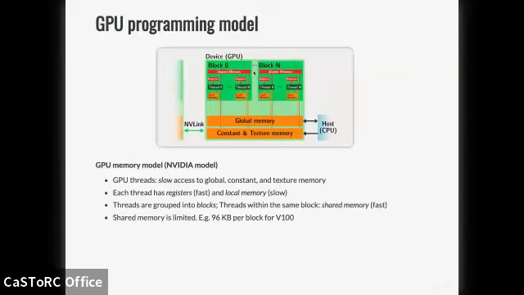Another level of organization is that threads are organized into so-called blocks. What you should remember about what a block is, it's just a grouping of threads which have access to the same shared memory. So the same piece of fast memory, okay? If all the memory we had was this global memory, then there wouldn't be a point of talking about this grouping of threads, right?